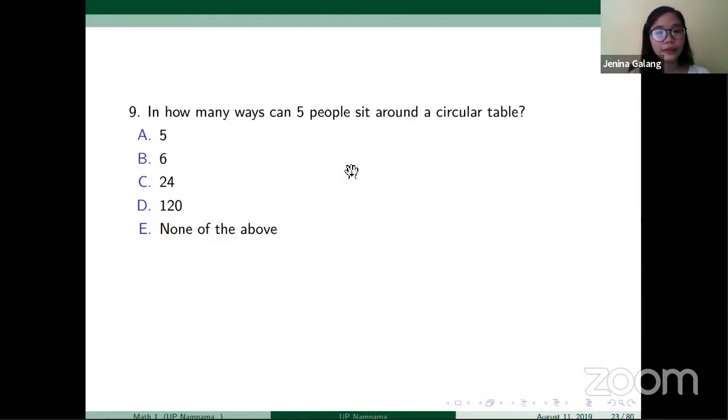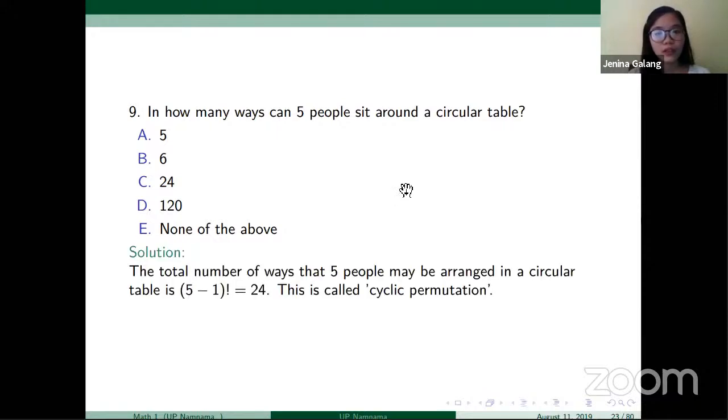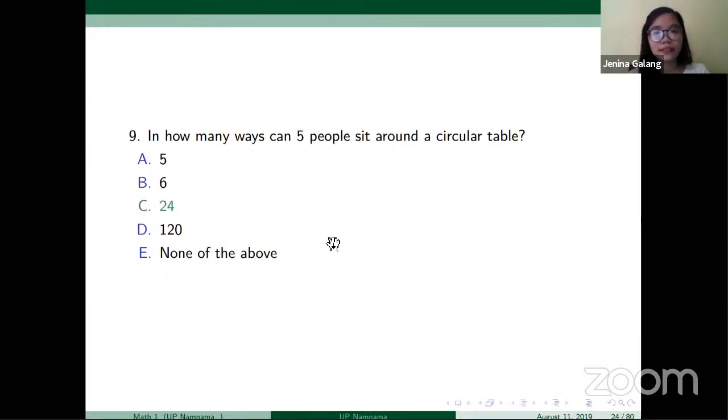So here, the total number of ways that 5 people can be arranged in a circular table is 5 minus 1 factorial, which is 4 factorial, and it is equal to 24. So this kind of permutation is called the cyclic permutation. So letter C.